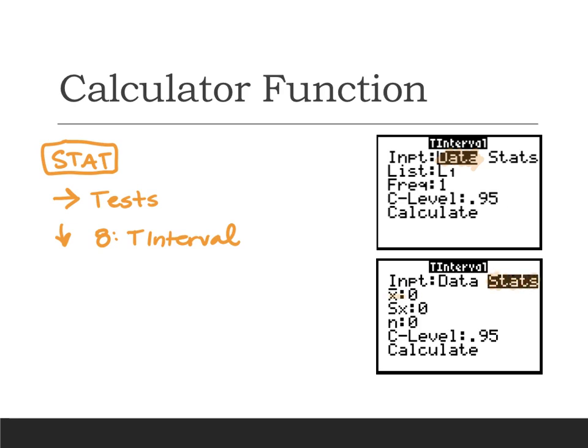So it might be that you're given a mean, a standard deviation, and a sample size for a particular sample. If that's the information you're given, then you'll want to use the arrow key to change the input from data to stats. You've got to remember to hit enter to actually select statistics instead of data. And then you'll have this second window here that you can fill in the information.